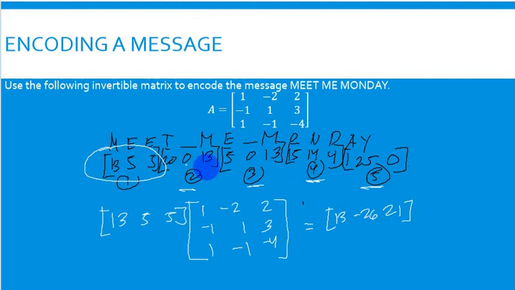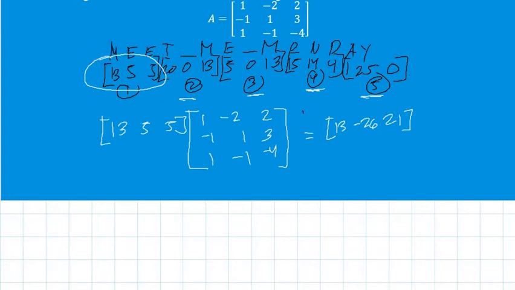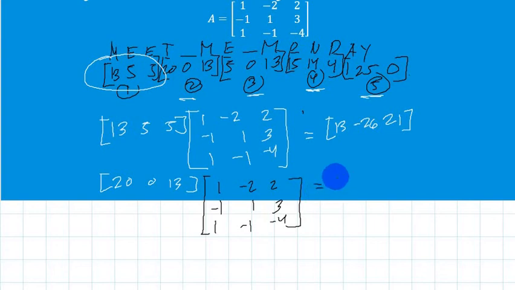Showing it for the second one, we multiply our second matrix, 20, 0, 13, by our key. This gives us a product of 33, negative 53, and negative 12.